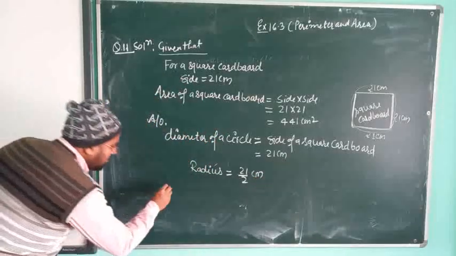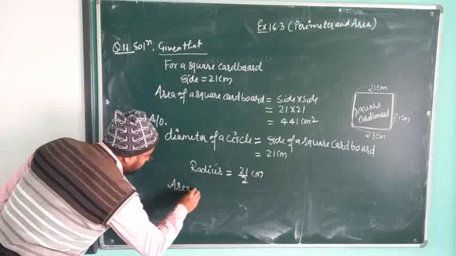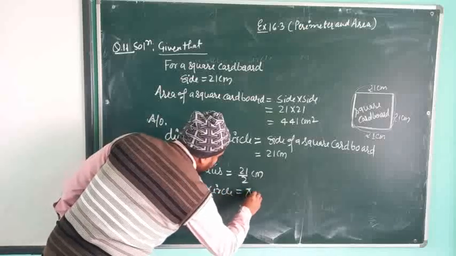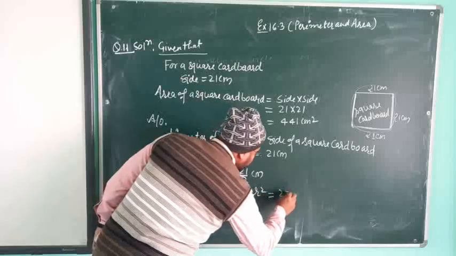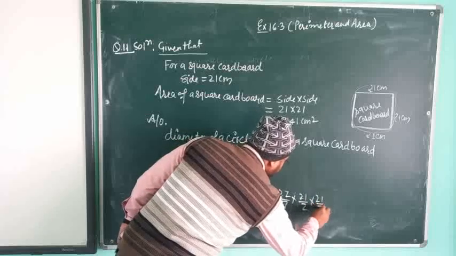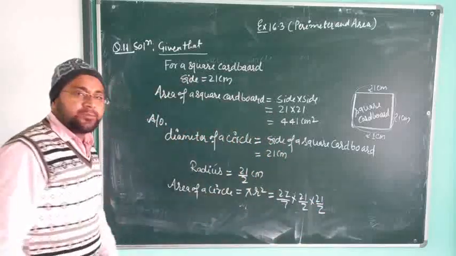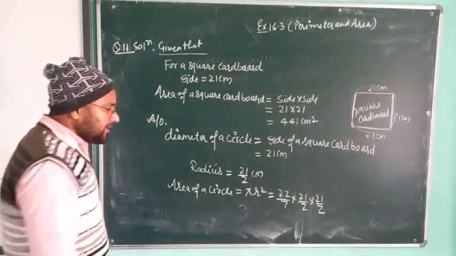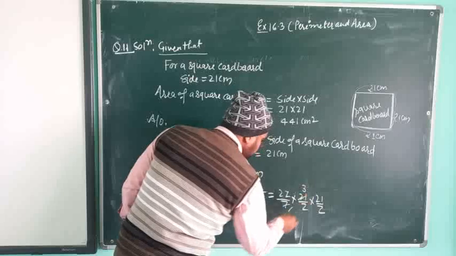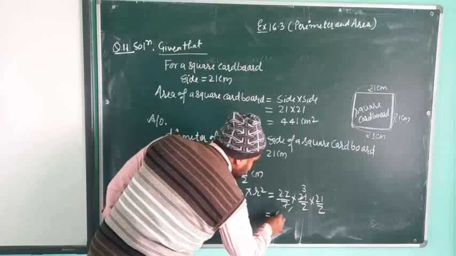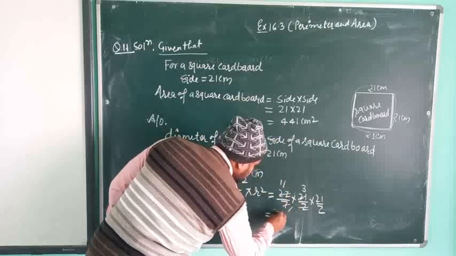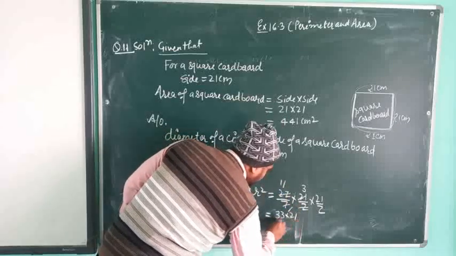Now area of a circle is pi r square. Pi is 22 by 7 and r is 21 by 2. R square means 21 by 2 multiplied by 21 by 2. Then 11 is this one, 33 is multiplied by 21 upon 2.